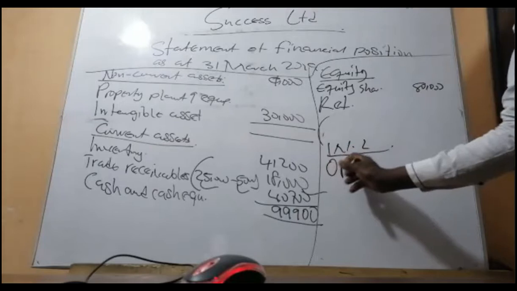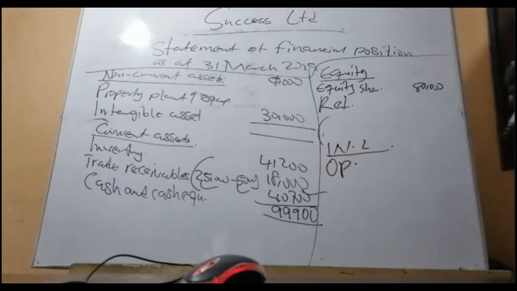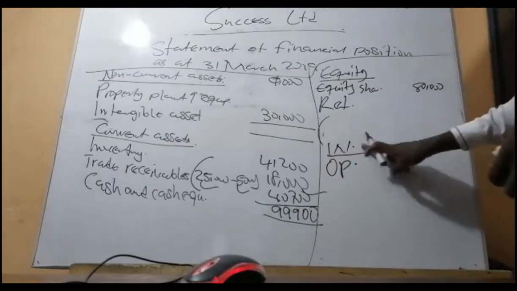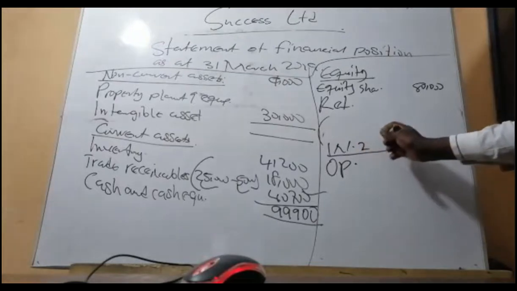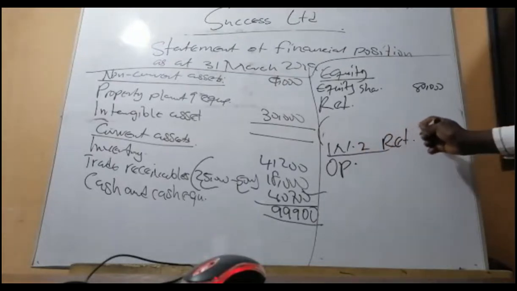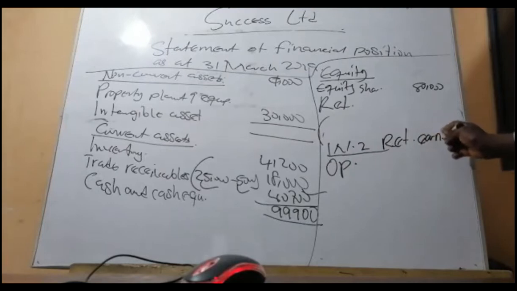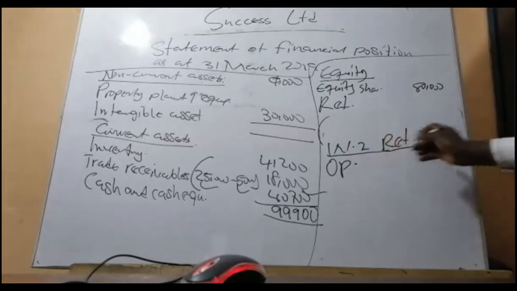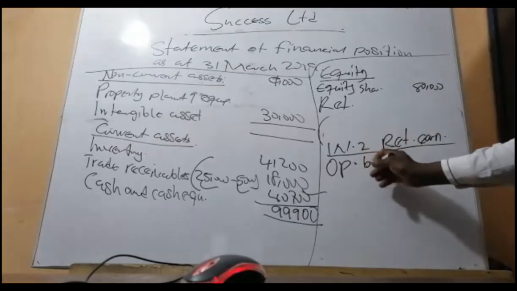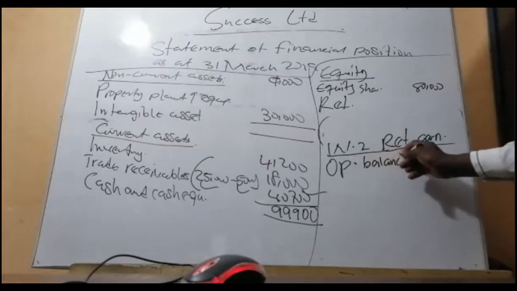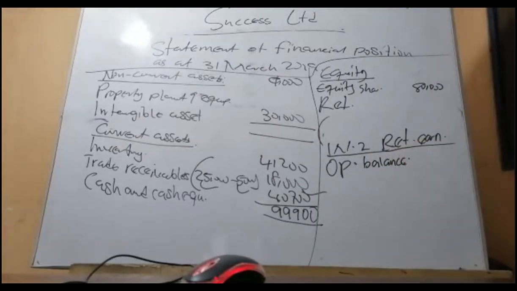So, opening balance of the retained earnings. Workings 2 talks about retained earnings. No shortcut to good retained earnings. In our class, "balance carried down" has been banned.